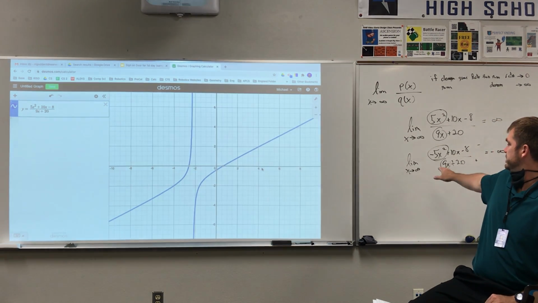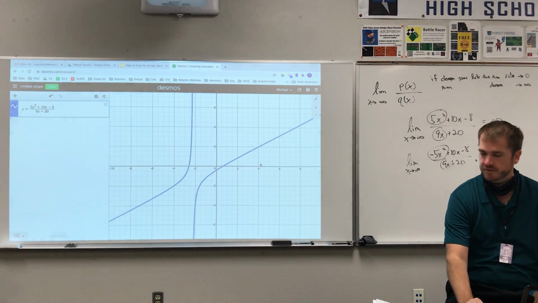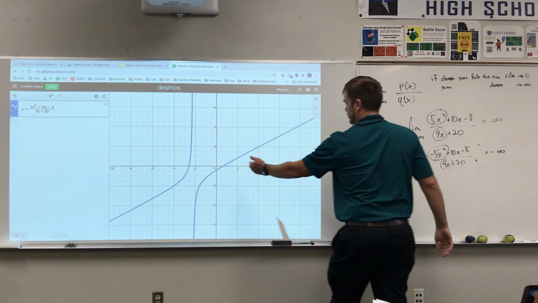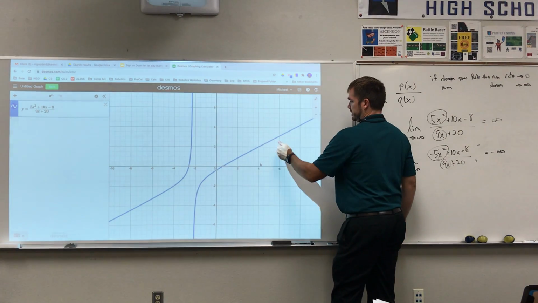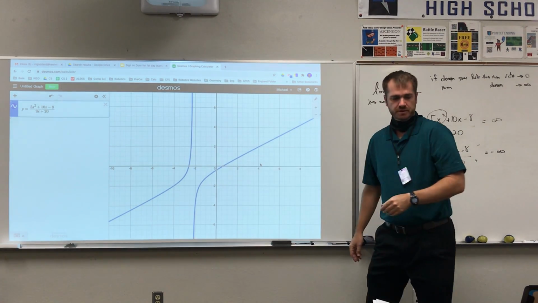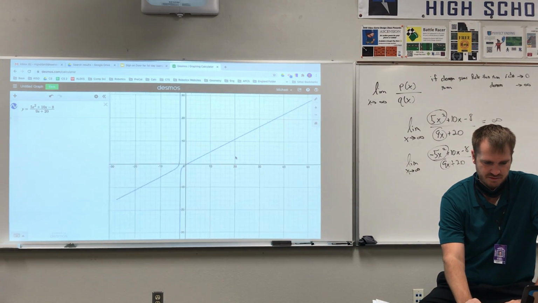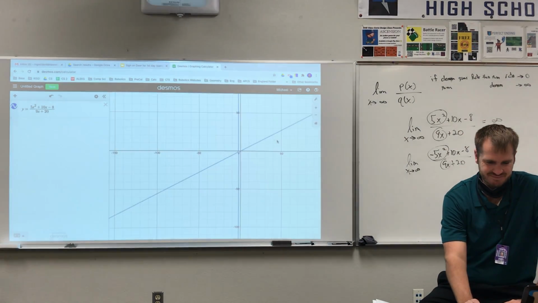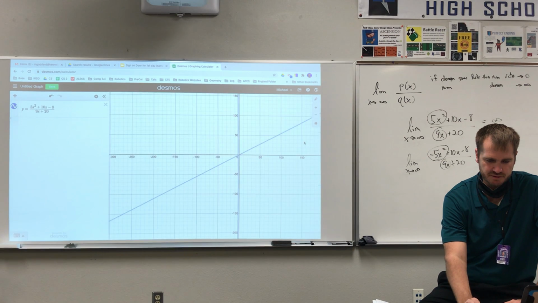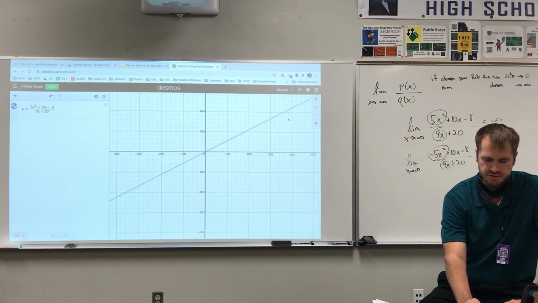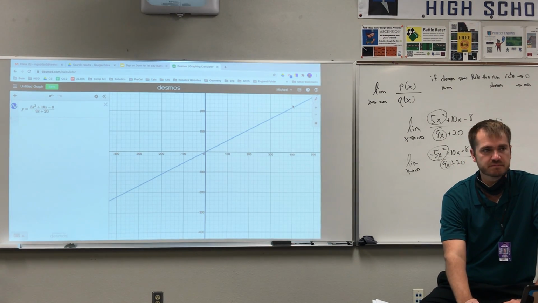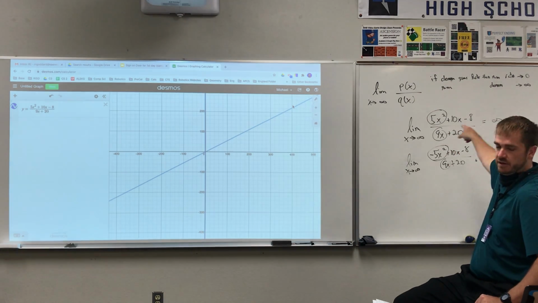All right, so what we're asking is what happens as x approaches infinity? As the x values get larger and larger, it looks like the y values are getting larger and larger. And in fact, if I zoom out, y values are getting larger, y values are getting larger. So definitely approaching positive infinity.